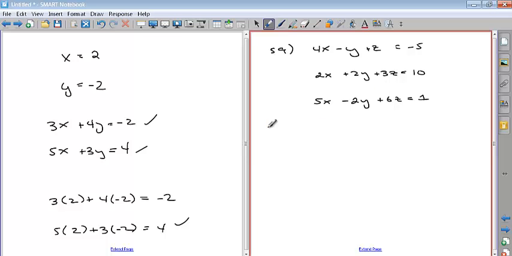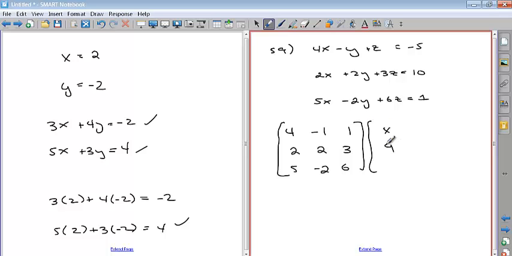Okay, so the way we would represent this system of linear equations is in the following matrix form. So that's my coefficient matrix. This is my variable matrix.